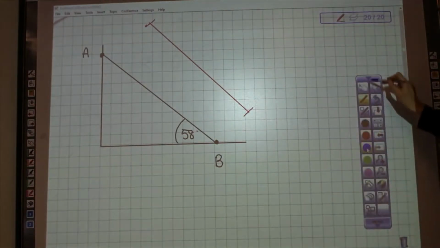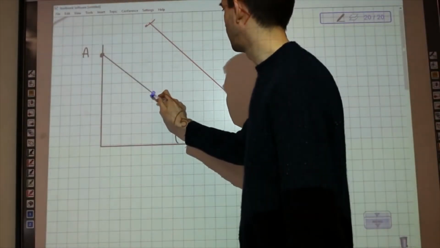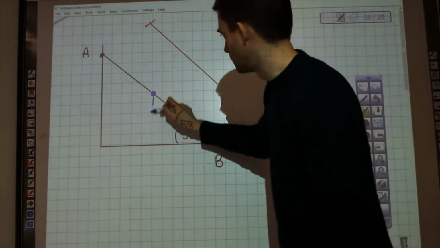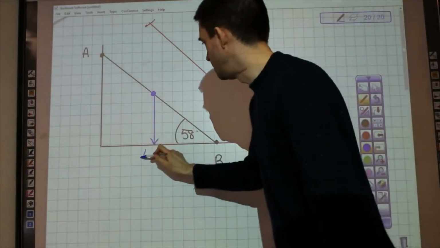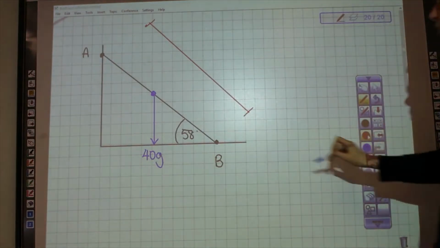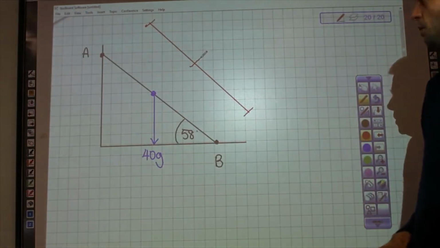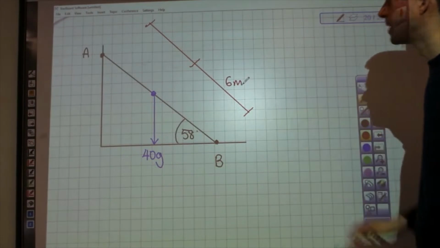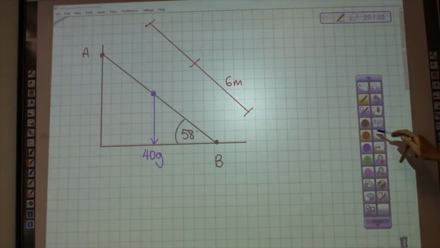It's uniform, so its weight is acting entirely at the centre, and its mass was 40 kilograms, so I've got a downward force, weight, of 40g there, splitting the distance perfectly in two: a 6 metre distance and a 6 metre distance, which I'm not labelling just at the moment for reasons that you'll see.